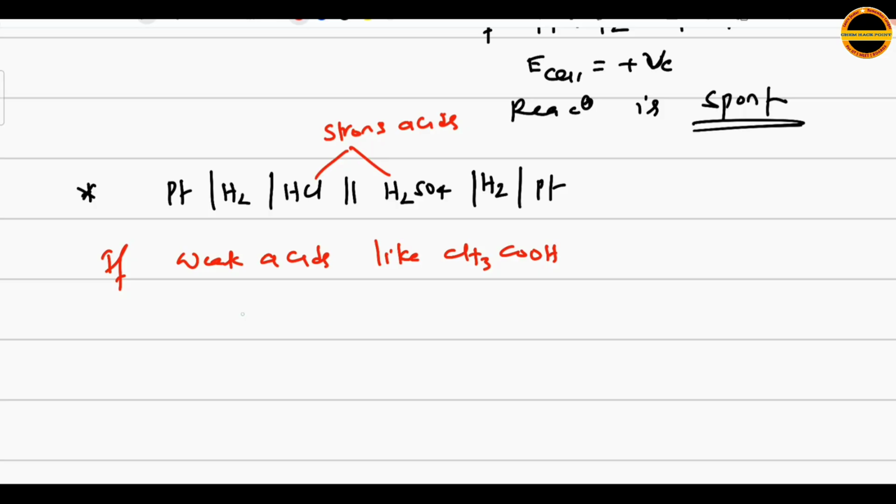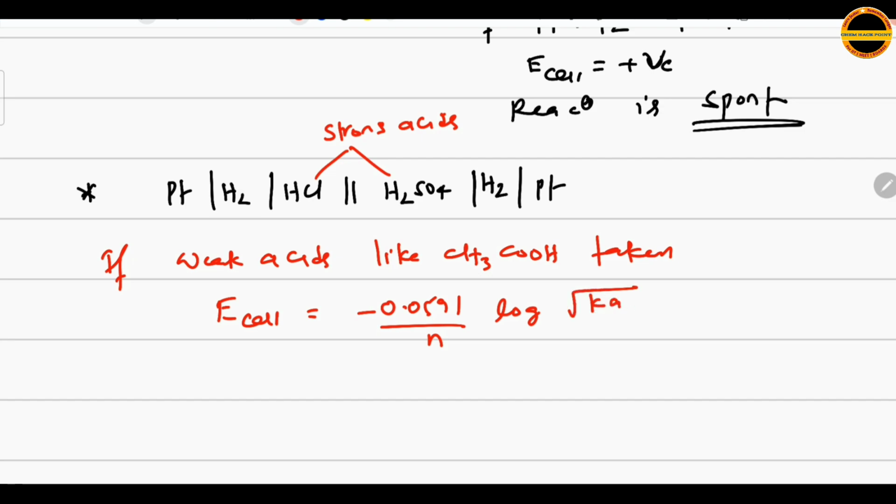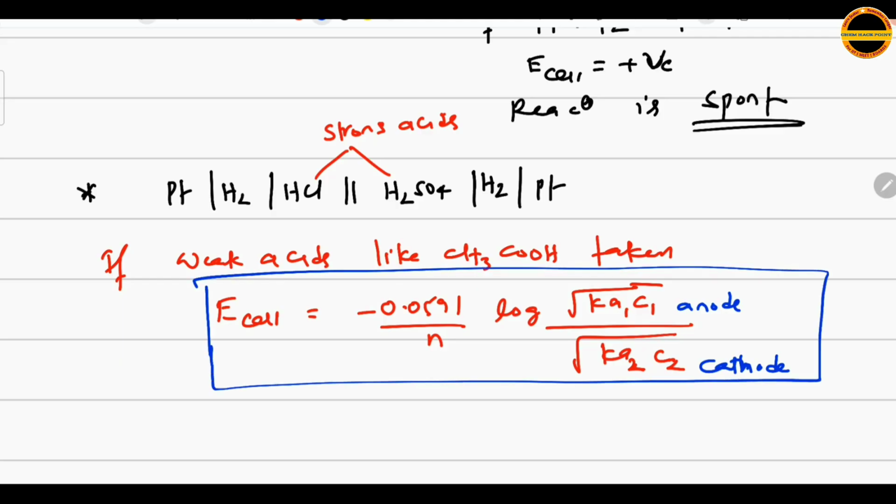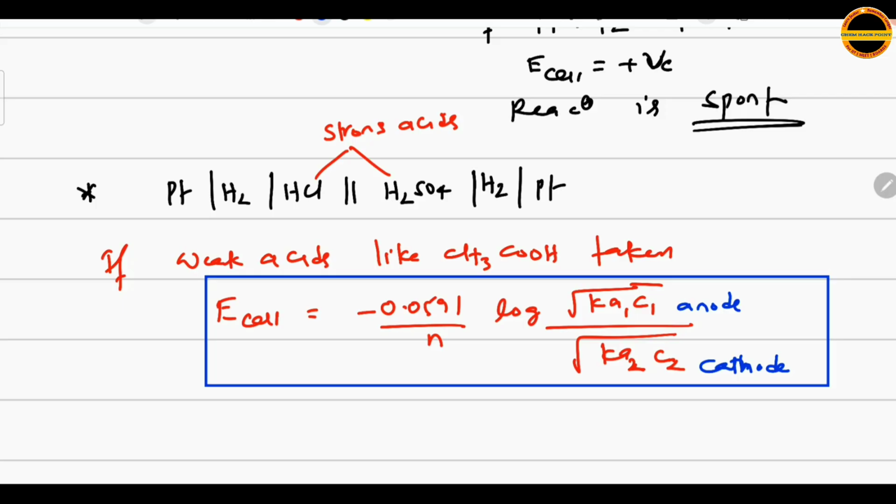In such cases, E cell is equal to minus 0.0591 by N log of Ka1 into C1 by Ka2 into C2, where Ka is the acid dissociation constant, the first is for anode and the second is for cathode. Whenever a weak acid is given, directly use this formula, Ka1 C1 by Ka2 C2.